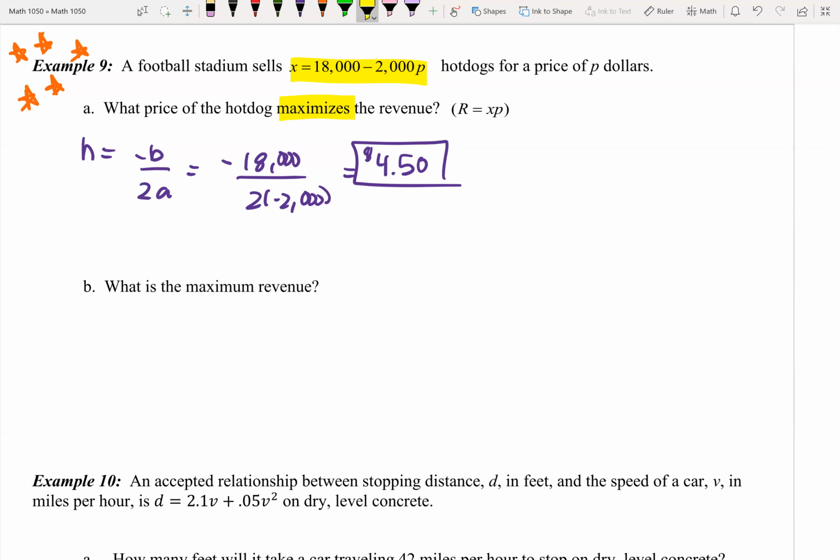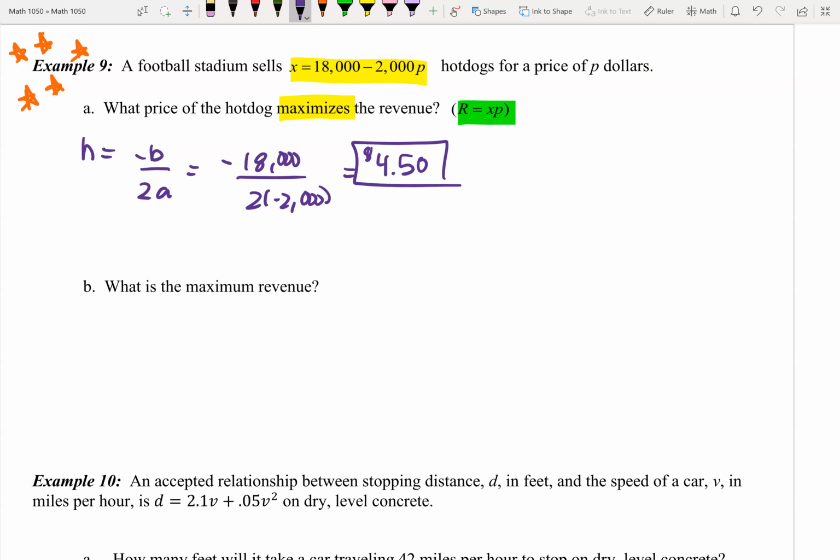So I know this is supposed to be a parabola. There's something in that I haven't even addressed that tells you what you're supposed to do. Can anybody see it? Yeah, that's right. What are you trying to maximize? Revenue. Look at this right here. That's the guy I need.